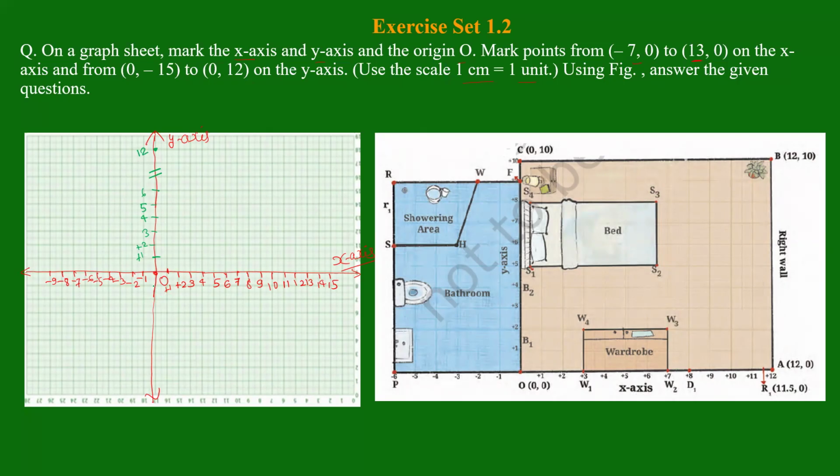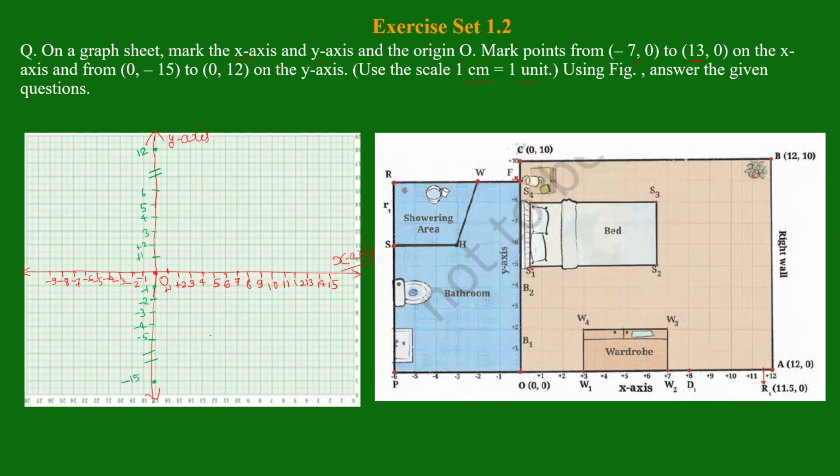Similarly here on the y-axis, -1, -2, -3, -4, -5, and so on. I'm making a fold here. At last, this one I'm taking as -15.